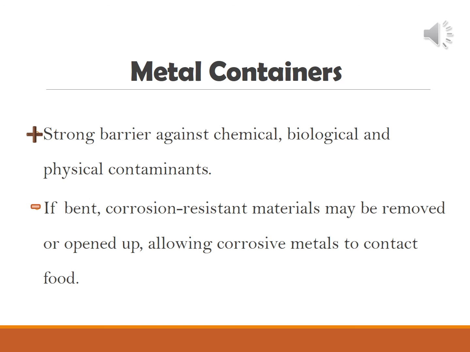And it's very possible that contact from those chemicals from the metals touching the food can cause a release of chemicals that can produce very undesirable reactions that can cause the food to spoil and become very dangerous for consumption. So be very careful with any bent aluminum or metal cans that contain food.